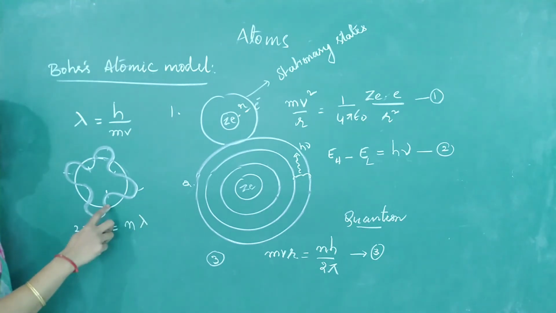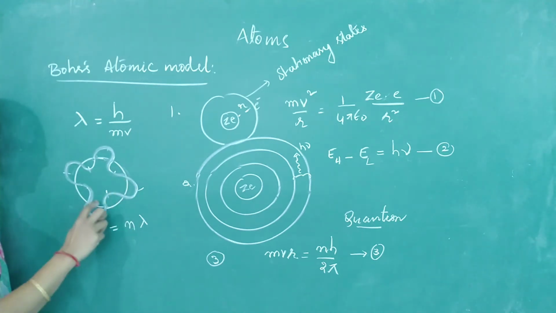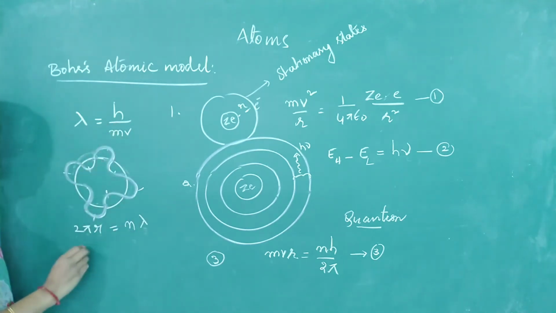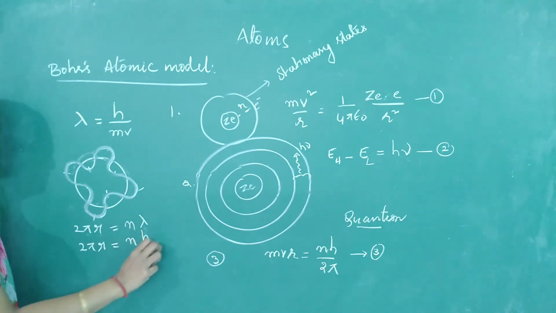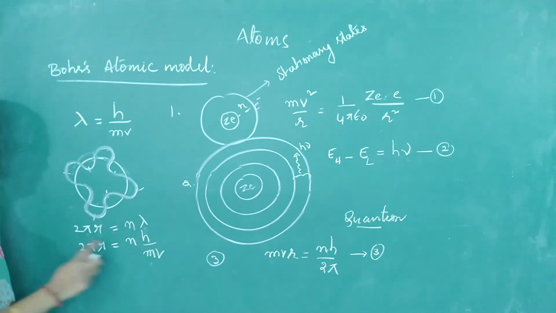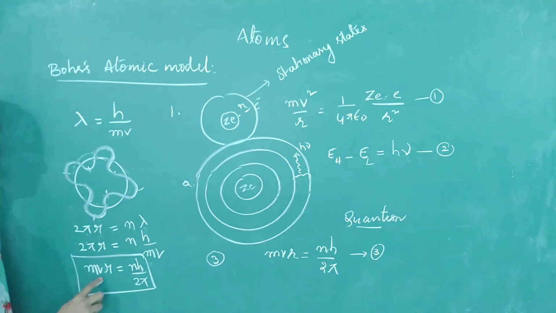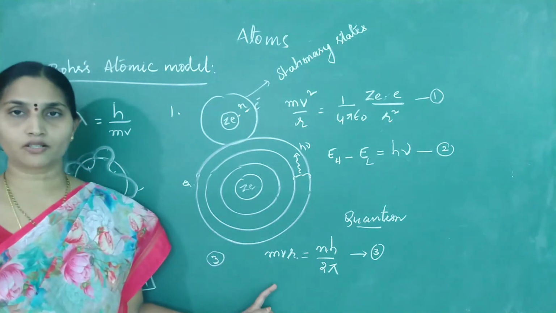Again I am repeating, the electron revolves only in such orbits in which 2 pi r, the whole circumference, is equal to n lambda, where lambda is the de Broglie wavelength. Substitute the de Broglie wavelength: 2 pi r is equal to n into h by mv. Bring mv to the left hand side: mvr is equal to nh by 2 pi. This is how Bohr's quantization condition was explained using de Broglie's concept.